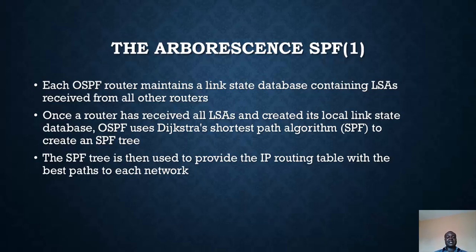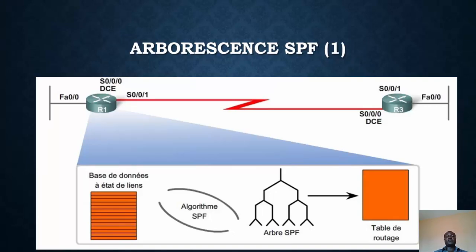Once a router has received the LSAs and created its local link state database, OSPF uses Dijkstra's shortest path algorithm, called SPF, to create an SPF tree, the shortest path first tree. The SPF tree is used to provide the IP routing table with the best path to each network. This is the representation of it.